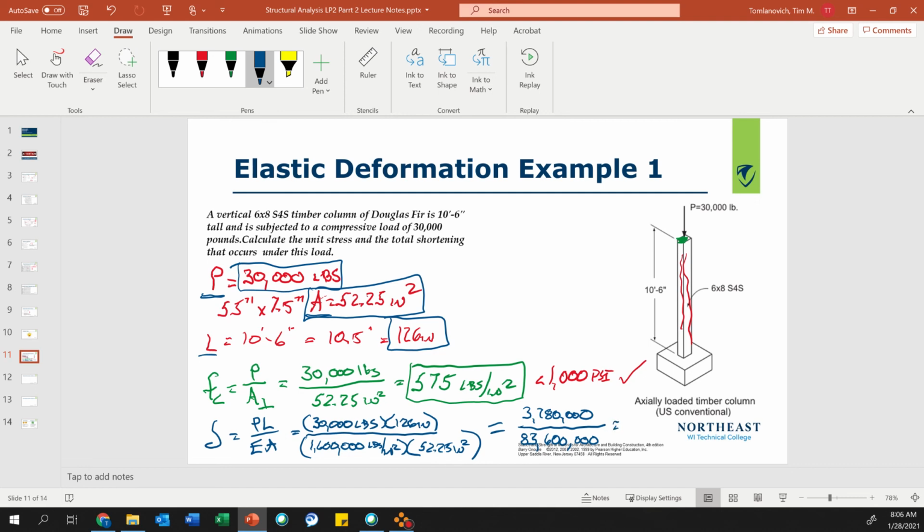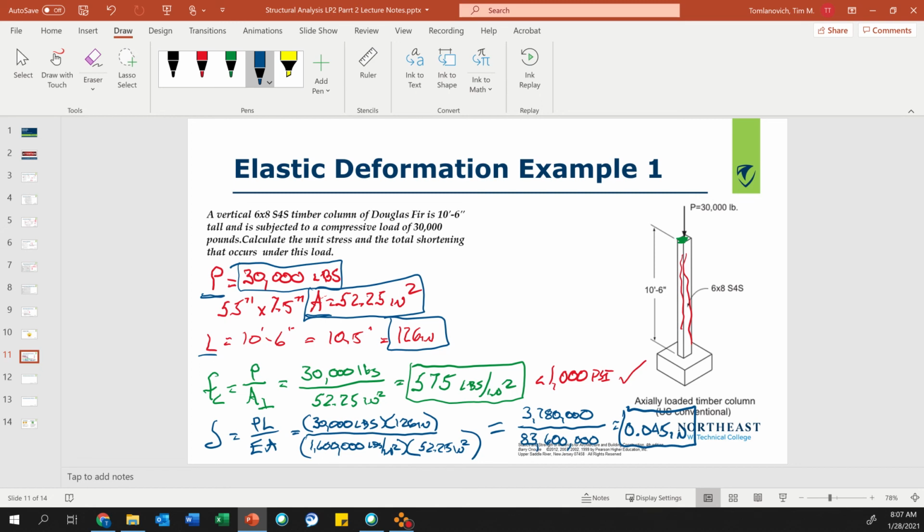Okay, so 3,780,000 divided by 83,600,000. And I get 0.045 inches of shortening. That's not a lot.